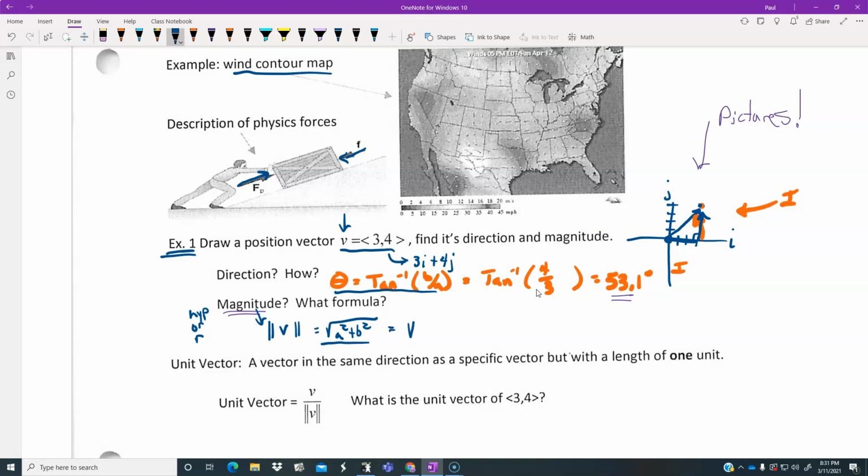That answer would be the square root of 4 squared plus 3 squared, and that'd be 16 added to 9, and the square root of that would be the number 5. So you would be able to say that the magnitude of that vector is 5 whatever it is, 5 newtons, 5 miles per hour, 5 kilopascals, whatever the unit was, but it is going in a direction of 53.1 degrees, okay?